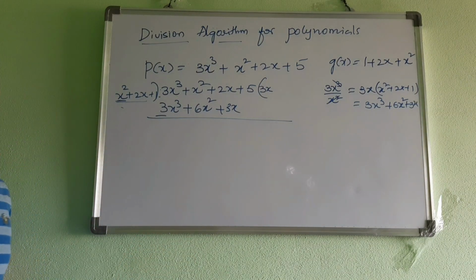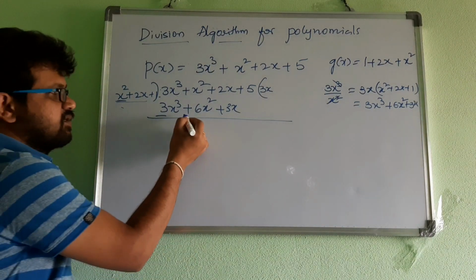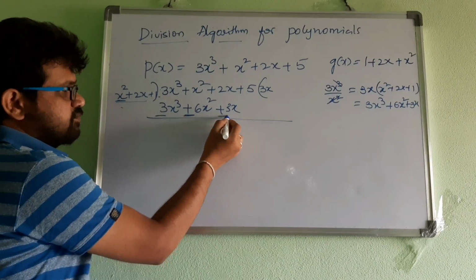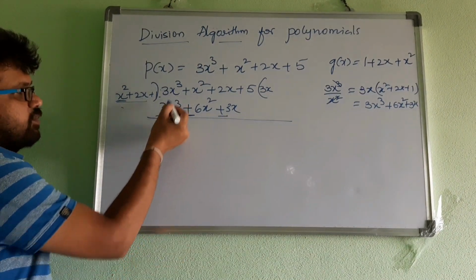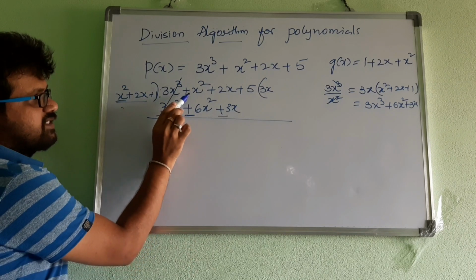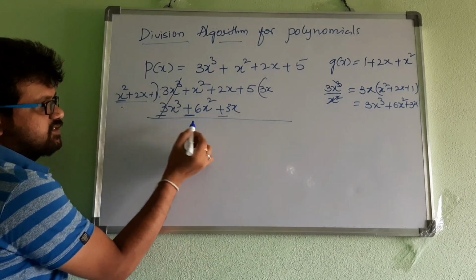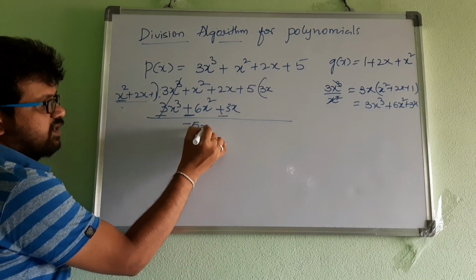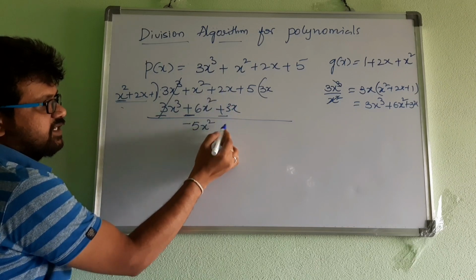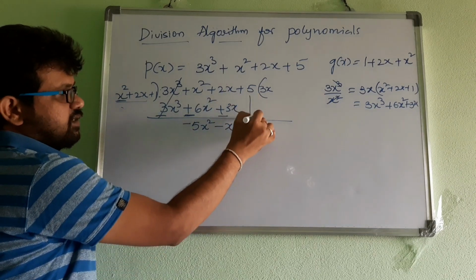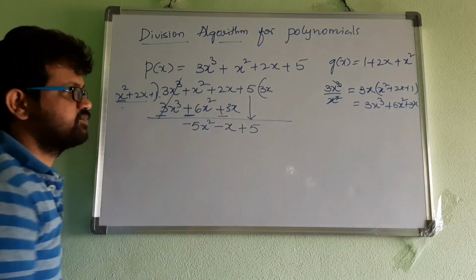While subtracting we have to change the signs. 3x cube minus 3x cube is 0. x square minus 6x square is minus 5x square. 2x minus 3x is minus x. Take the last term, plus 5.